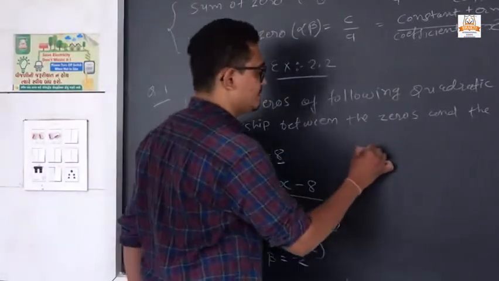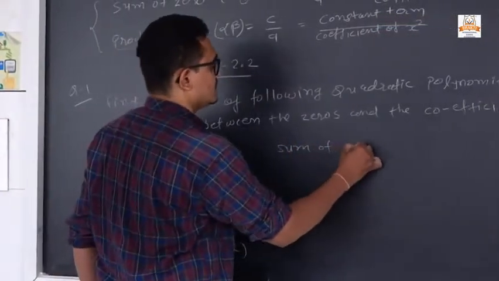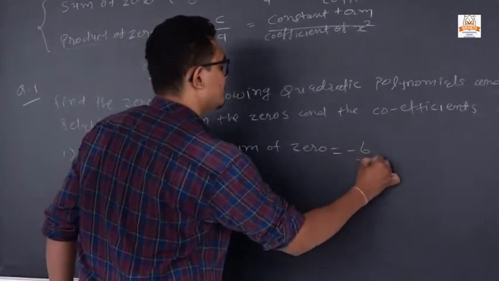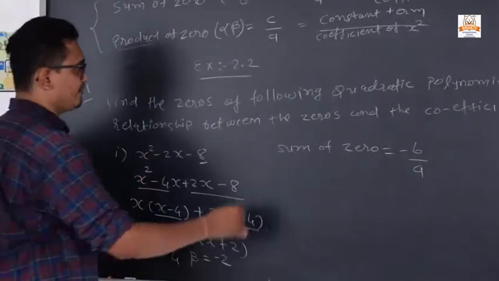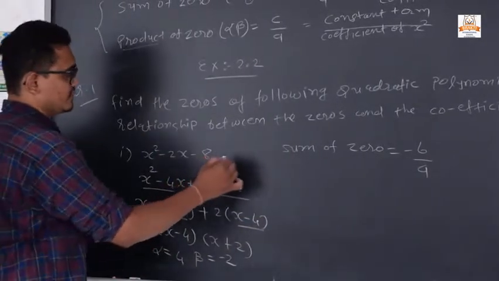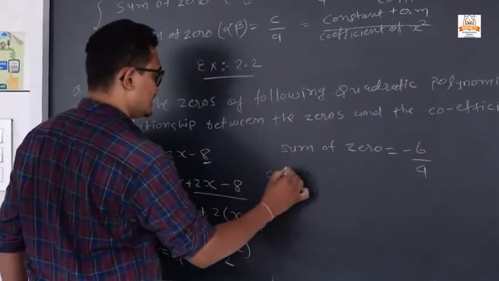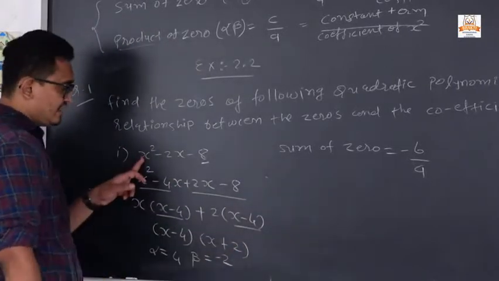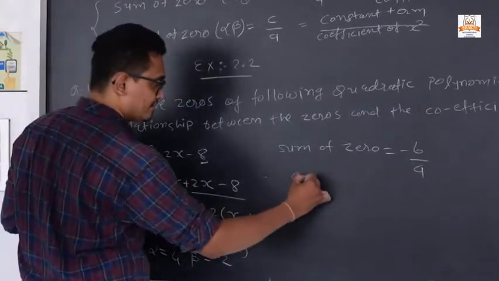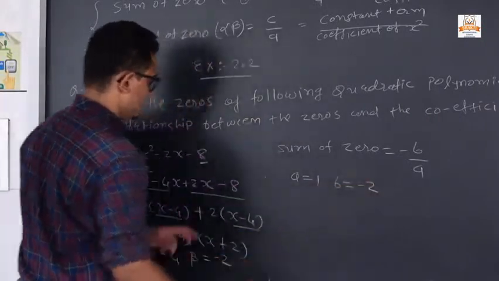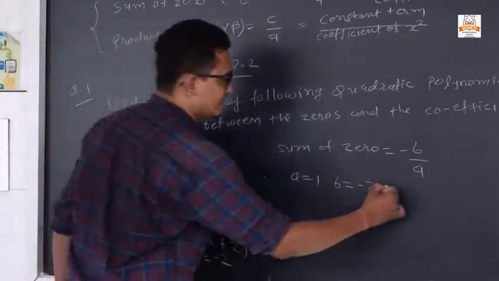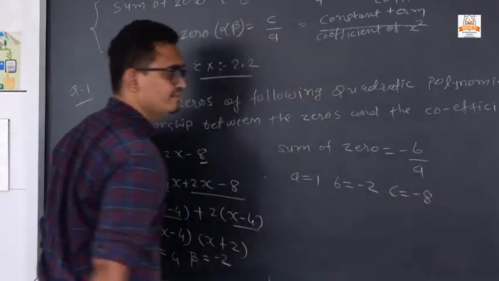Now second thing, sum of zeros. So what is its formula? Minus b by a. So first of all we can compare that with our standard form. So if we compare with our standard form, what is the value of a? It will be 1. What is the value of b? It is minus 2. And what is the value of c? It is minus 8.